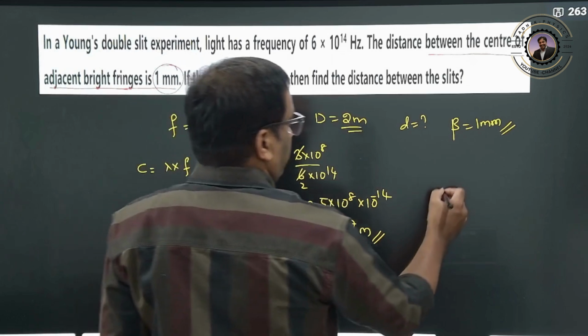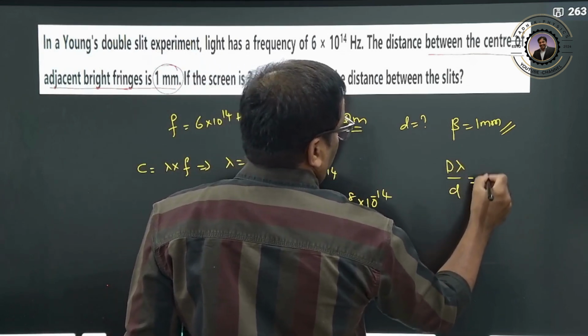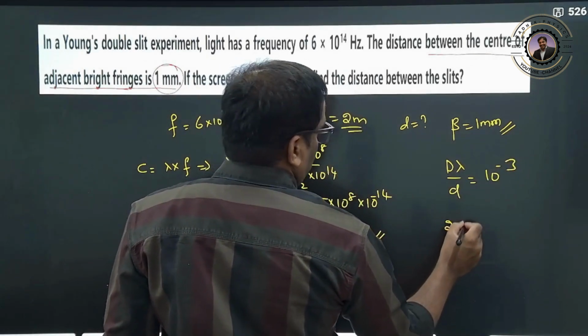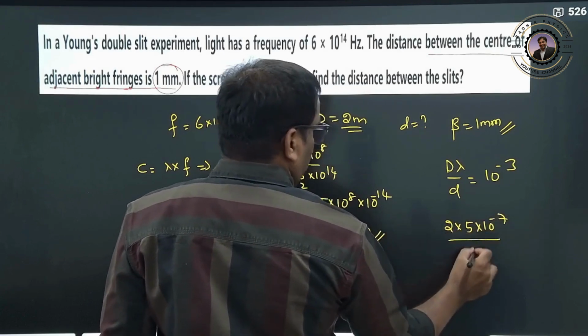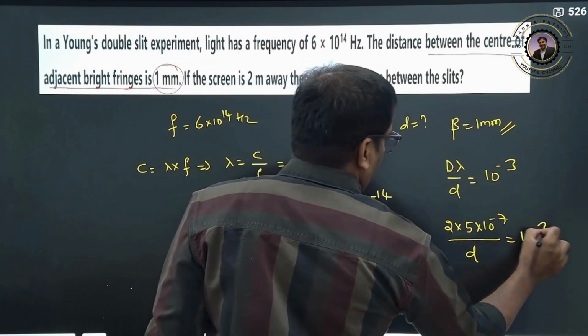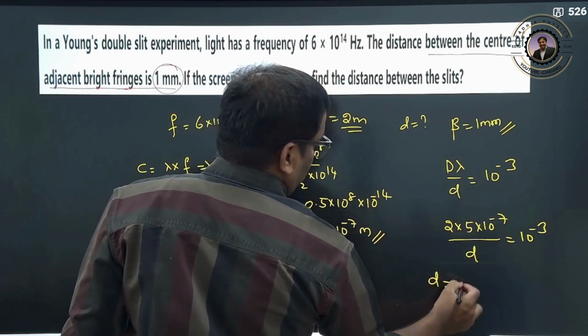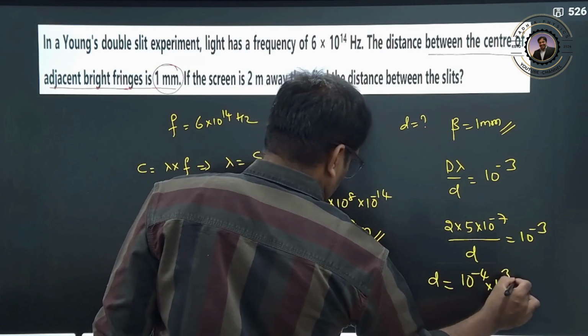So simple question. Beta is equal to D lambda by d, equal to 1 mm, 10 to the power of minus 3. D is given as 2, the wavelength is given as 5 into 10 to the power of minus 7, divided by d, equal to 10 to the power of minus 3. So this is 10 to the power of minus 4.